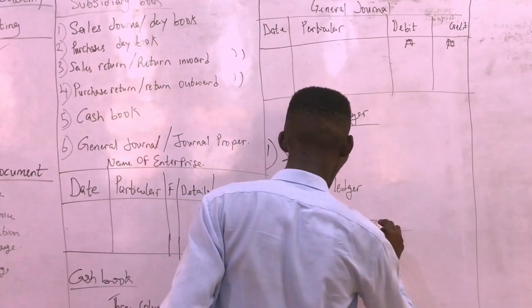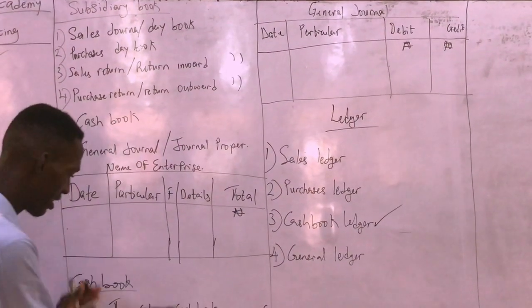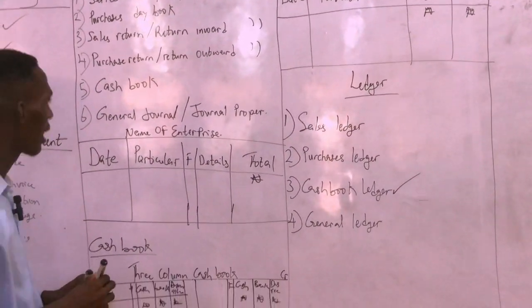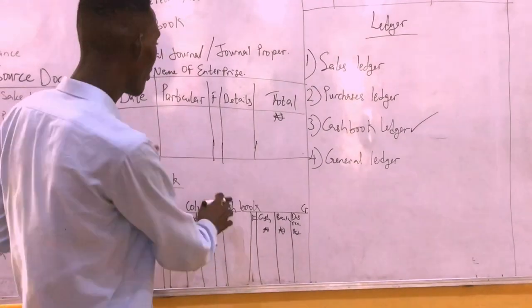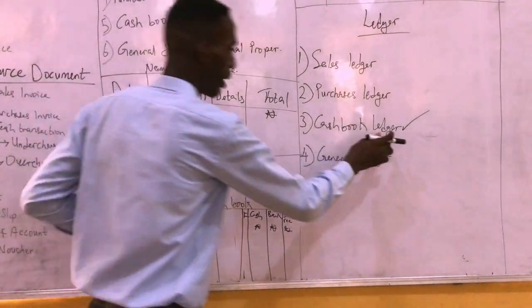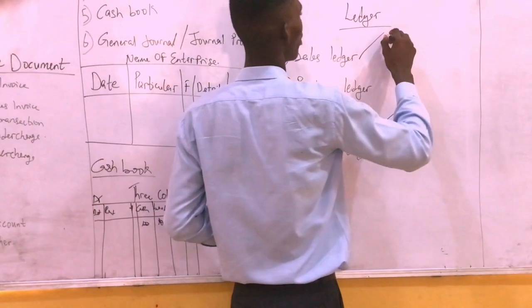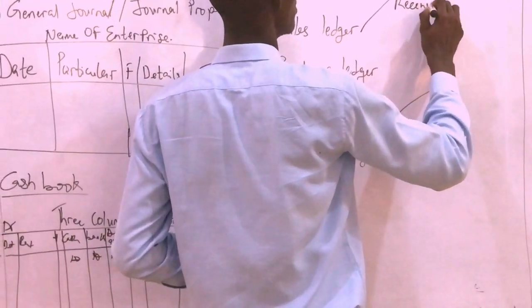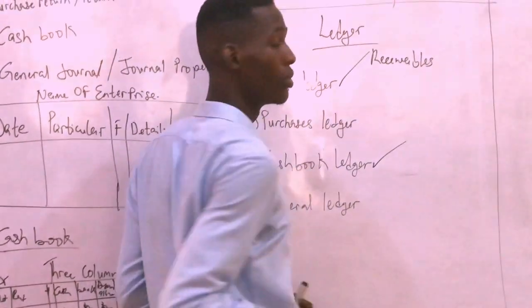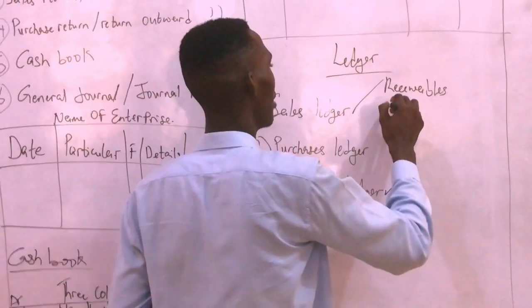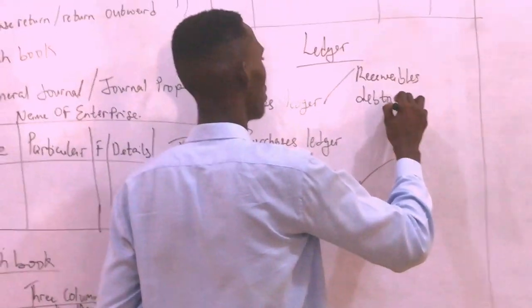So this our cash book ledger is also how it looks. It serves as both. So we are done with it already. Then what do we use our sales ledger for? We need to record our receivables. And what are our receivables? It is formally known as debtors.